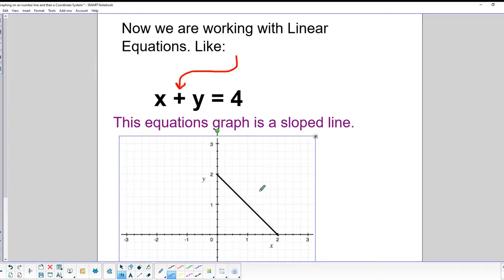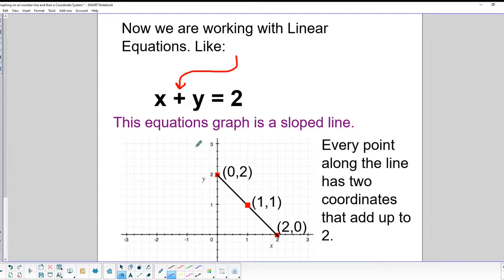The graph of this one looks like this. It has a sloped or slanted line, with a couple of places where it intersects either the y-axis or the x-axis. That's why we call it a linear equation, because the graph of its solutions is a straight line.